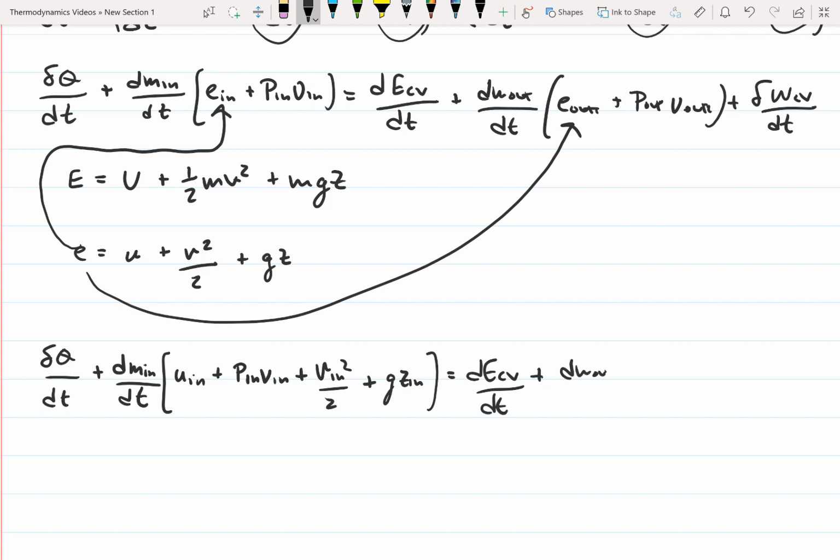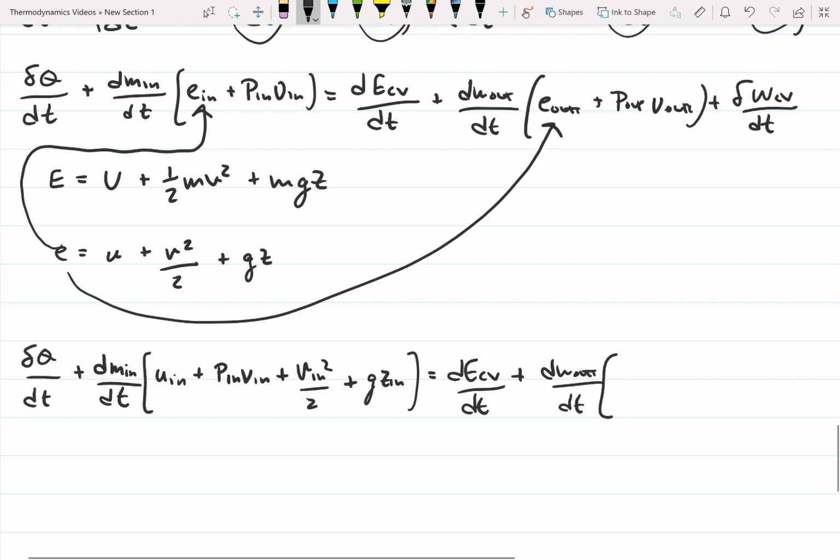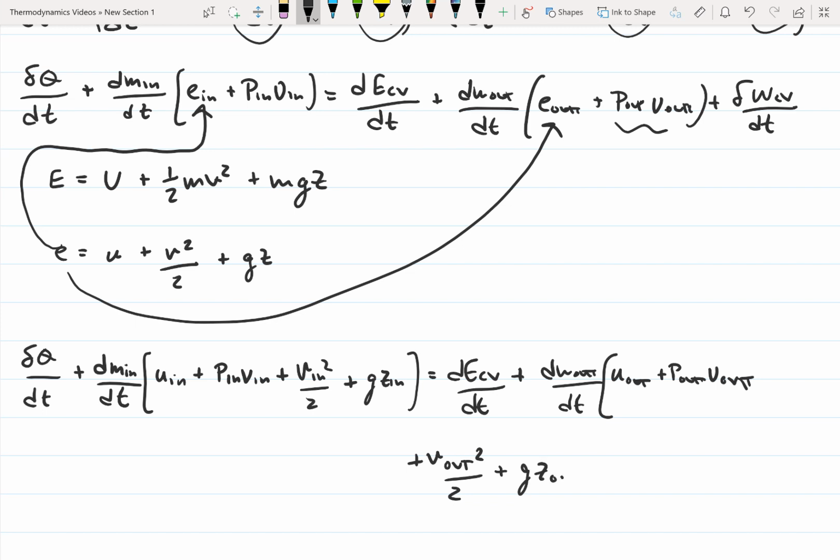plus dm out/dt, and then I'm going to have the same thing over here, so u out, and then I'm going to put this PV term next, so P out, V out, plus, and then the kinetic and potential energy, so V out squared plus gz out, and then this is plus this other work term.